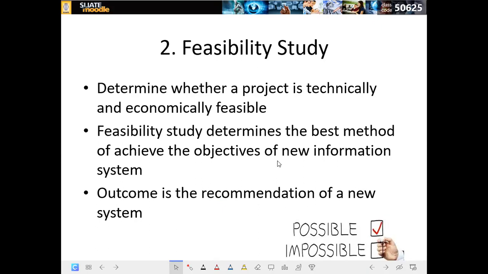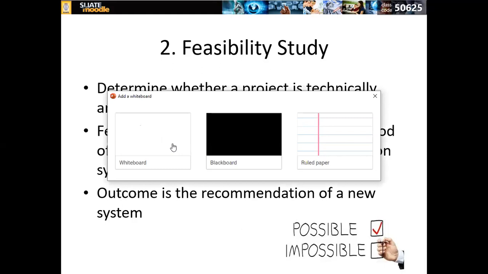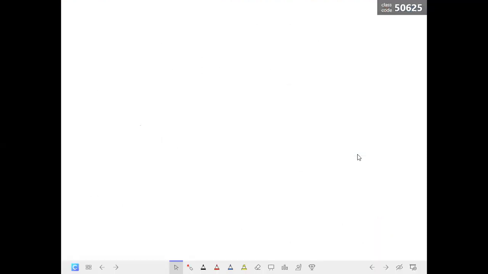For the feasibility study, if I take another type of example, right? It's not really from information technology. In order to clarify these feasibility areas: technical, economical, legal, and operational.